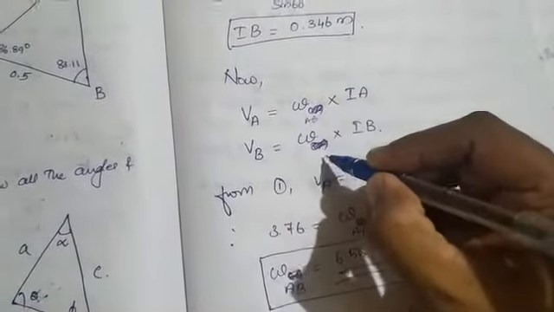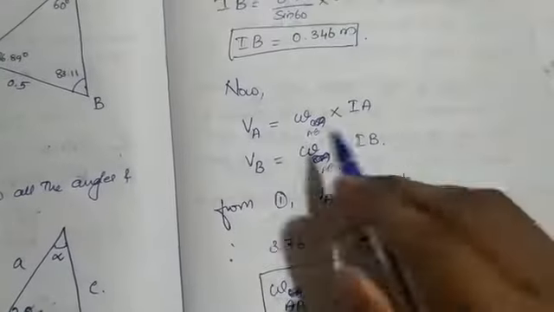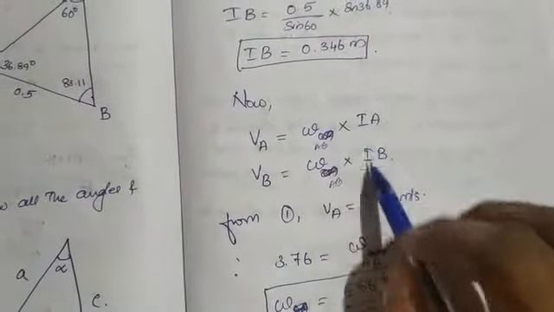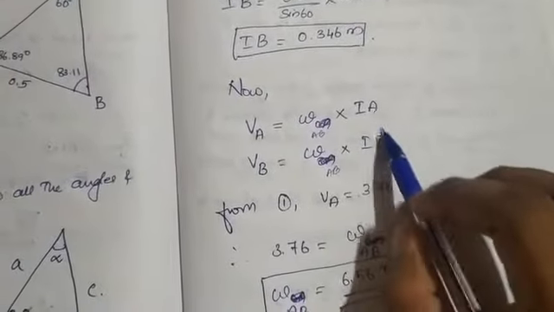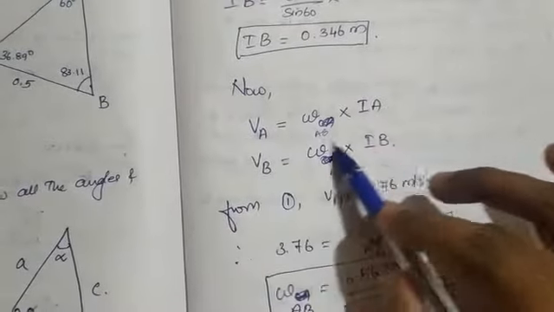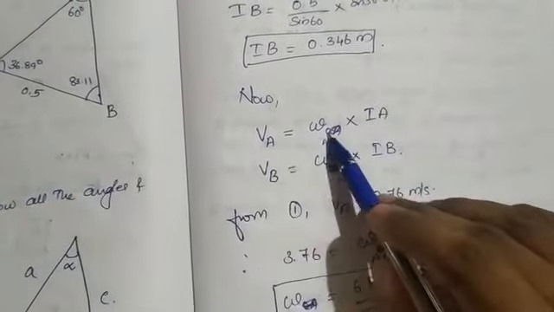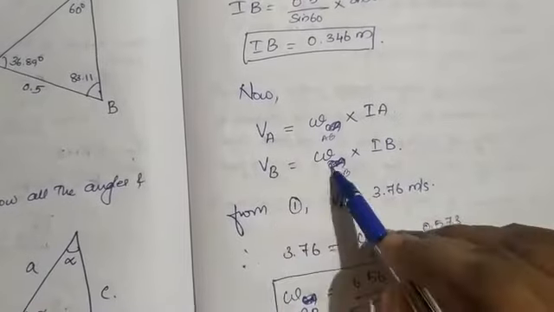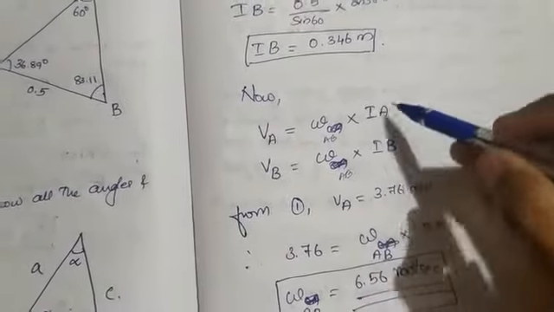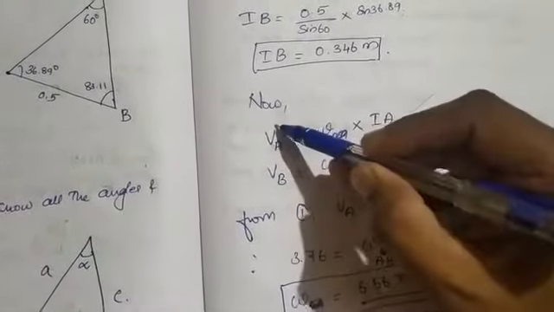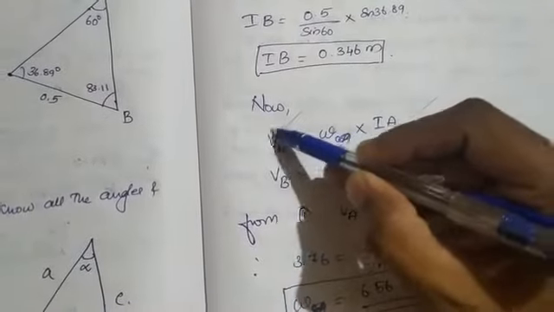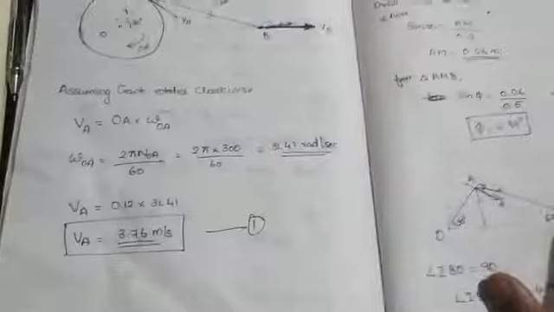This is AB and this is also AB. Because we are doing it for the connecting rod, and the connecting rod has general plane motion, VA is equal to omega AB into IA, and VB is equal to omega AB into IB, right? You know IA, IB, and you have already found VA here. VA is 3.76 meter per second.